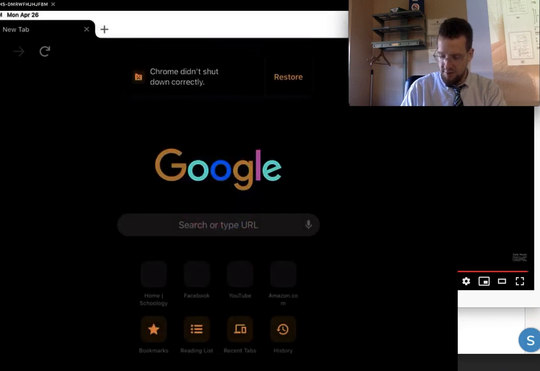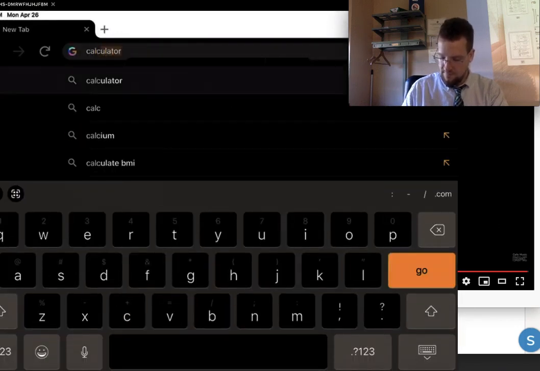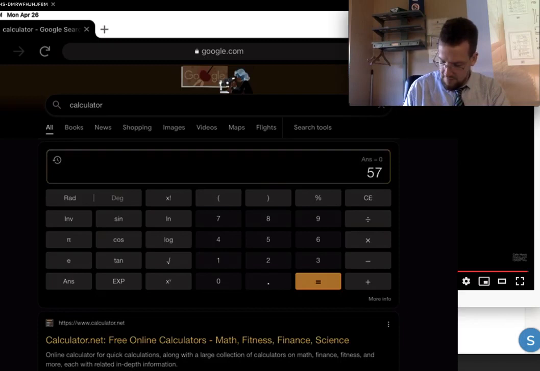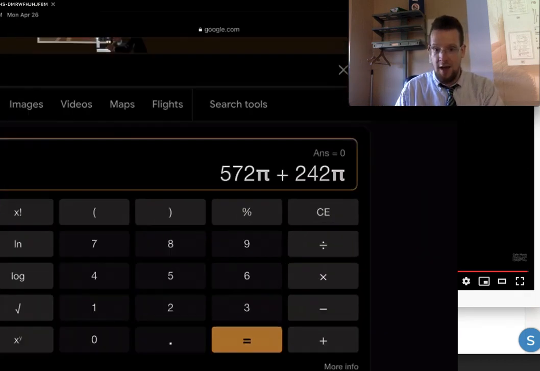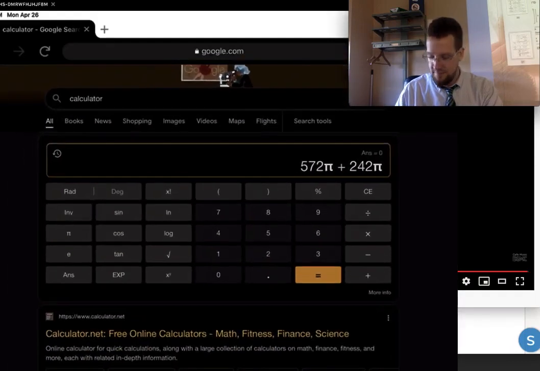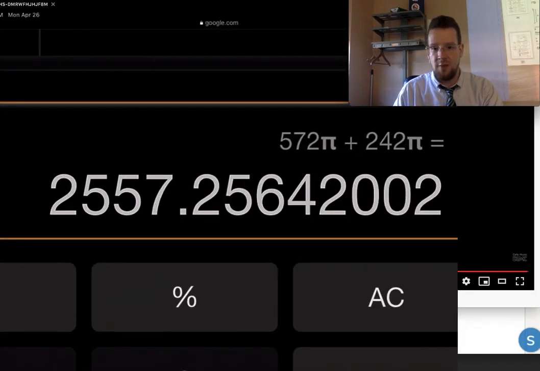Of course, Google crashed. This was 572 pi plus 242 pi. I'm not rounding this.